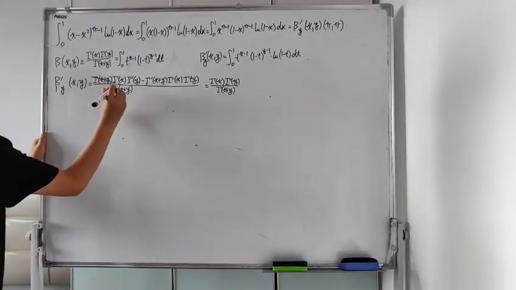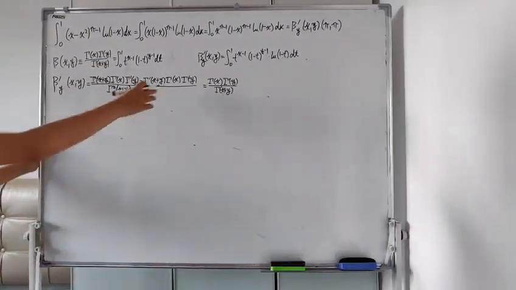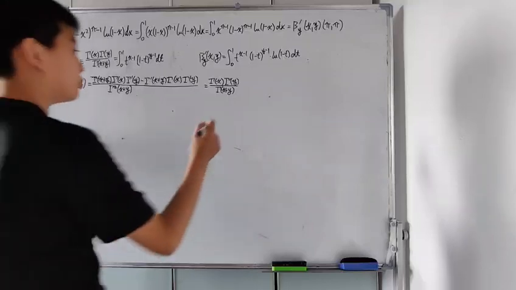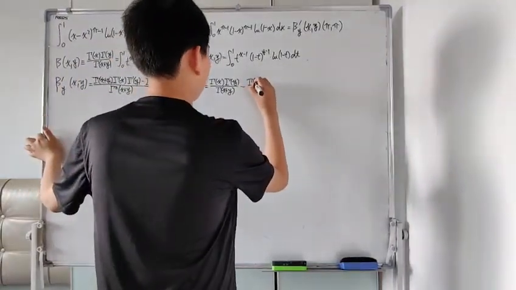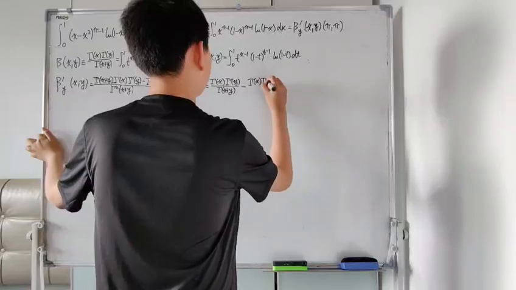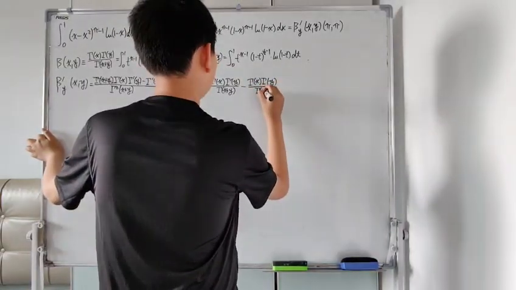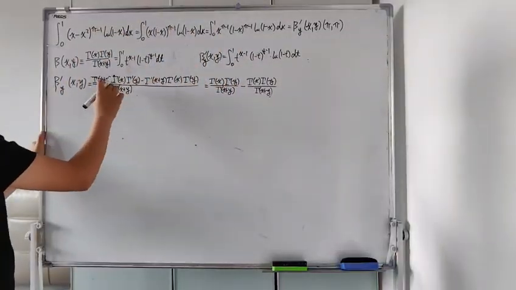Once again, because this thing cancels with that square. And then for the second term, we have gamma x gamma y over gamma squared of x plus y. You might want to write it as gamma x gamma y over gamma of x plus y. So that takes care of these terms and one of these.